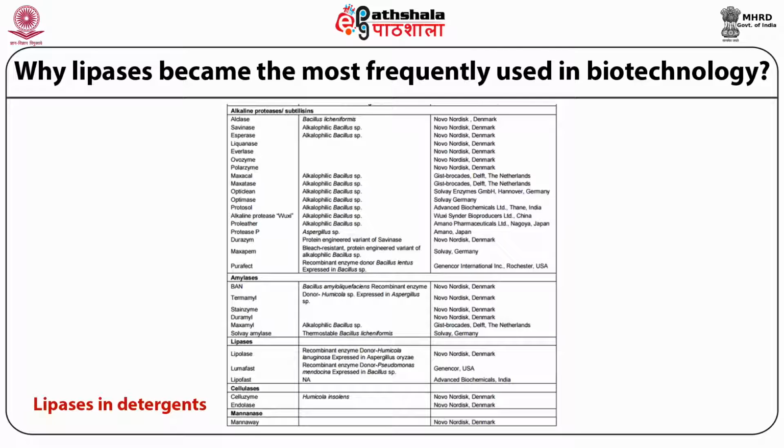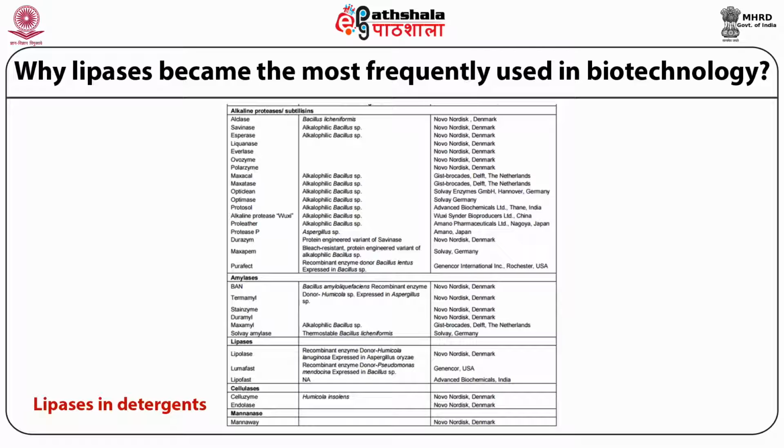As the market is huge, lipase engineering by site-directed mutagenesis to improve their wash performance was carried out right from the early years of this application. That is, the lipase having a sizable market value and having a definite application became the early targets of all these approaches.